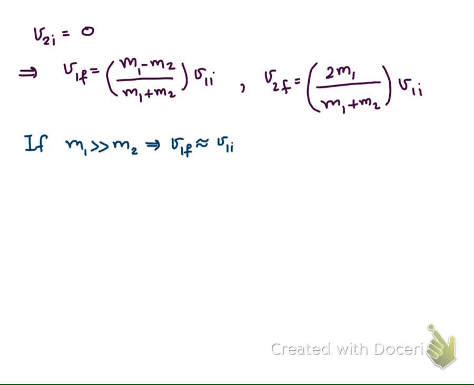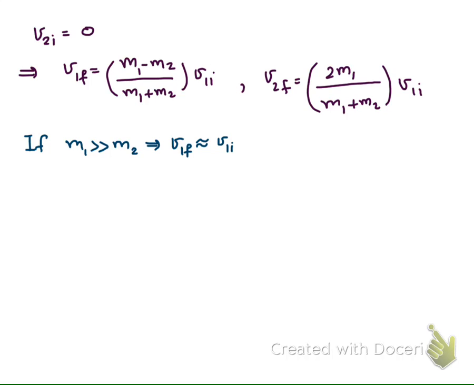This is obvious because if you look at this equation, if M1 is much larger than M2, subtracting M2 or adding M2 to M1 changes the value of the result very little from M1, right? Because M2 is very small compared to M1. So the ratio here is approximately 1. So we have that V1F is approximately equal to V1I.